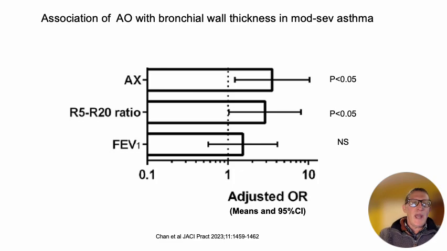But the key point here is that FEV1 is not associated with a significantly increased likelihood of airway remodeling in these severe patients, whereas the R5-R20 is significantly associated. You can see the bottom end of the confidence interval for the adjusted odds ratio excludes 1, unity, and the same for AX. So FEV1 gives you a poor readout for the risk of airway remodeling. Oscillometry is much more sensitive in that regard.